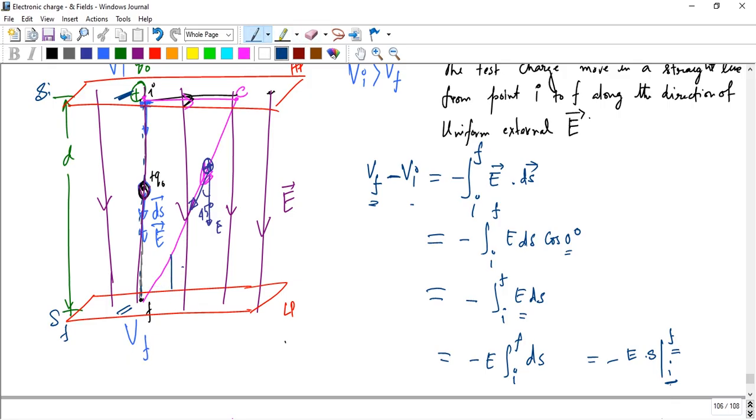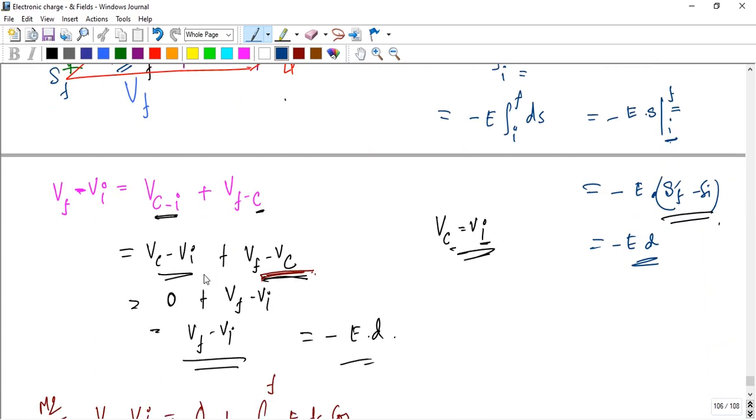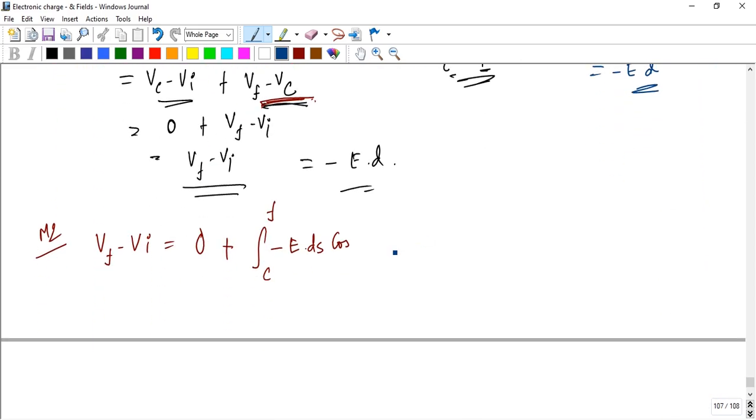This angle is also 45 degrees, as it is an alternate angle. So we get the cos 45 degree value, and cos 45 degrees is 1 by root 2. So that is C to F.